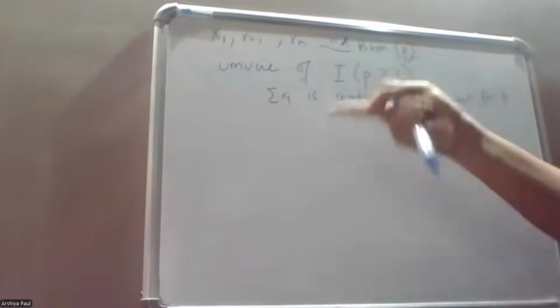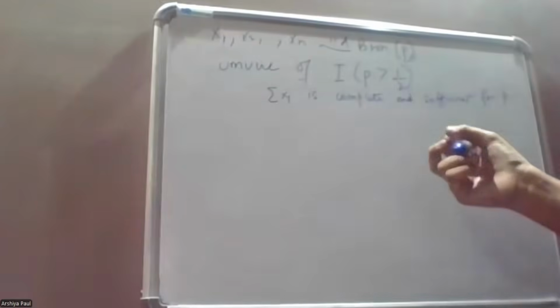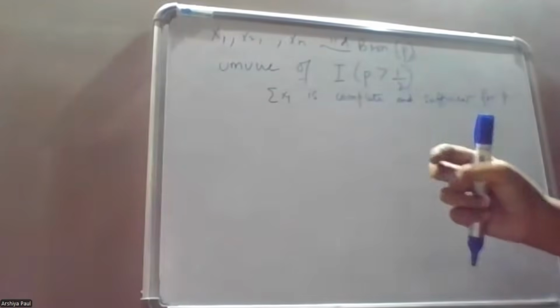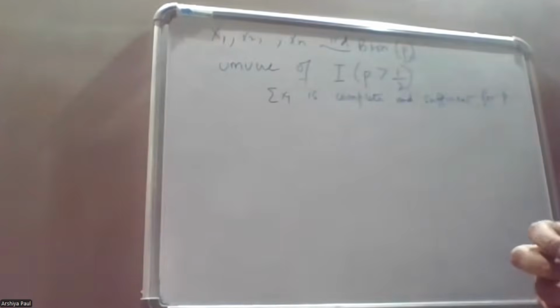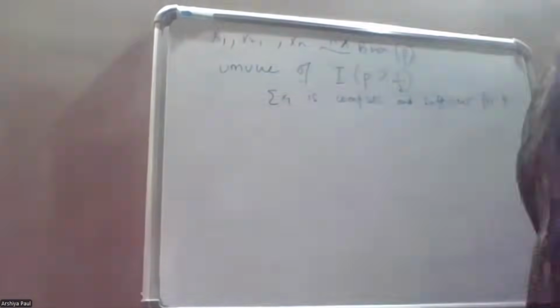I have to find an unbiased estimator for this. If you can find an unbiased estimator in terms of this complete sufficient statistic, then you will get the UMVUE, right? So can you get an unbiased statistic based on this? What is the distribution of the summation of xi? Binomial(n, p). Okay, so suppose T(x) is an unbiased estimator, then what will be the expression for the expectation of that thing?